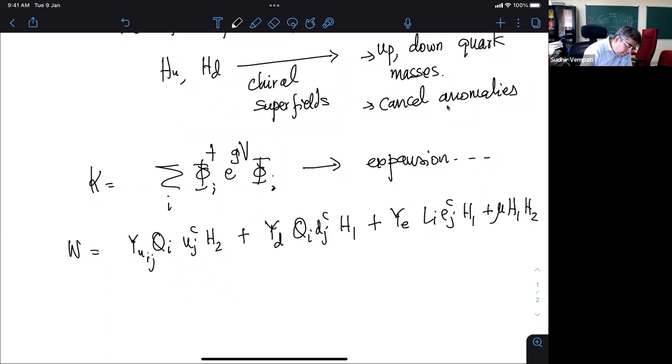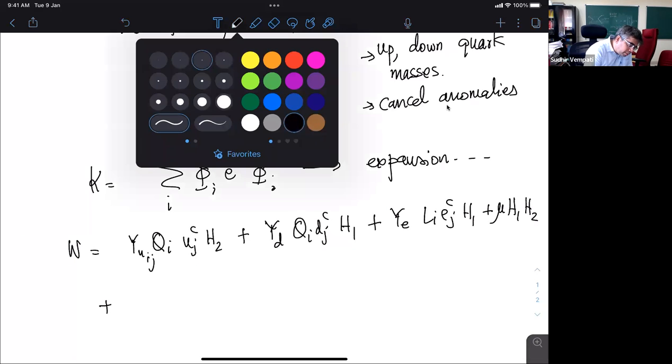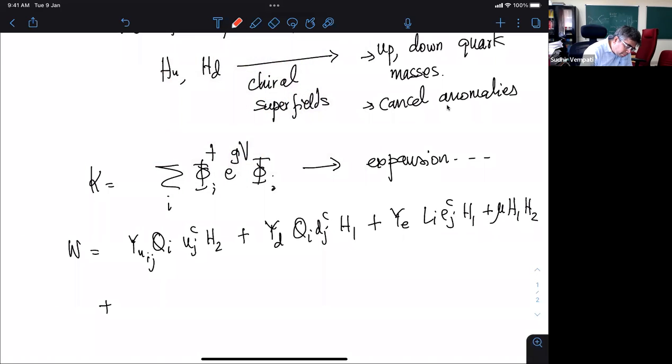And the second part is plus a bunch of terms which violate lepton and baryon number.